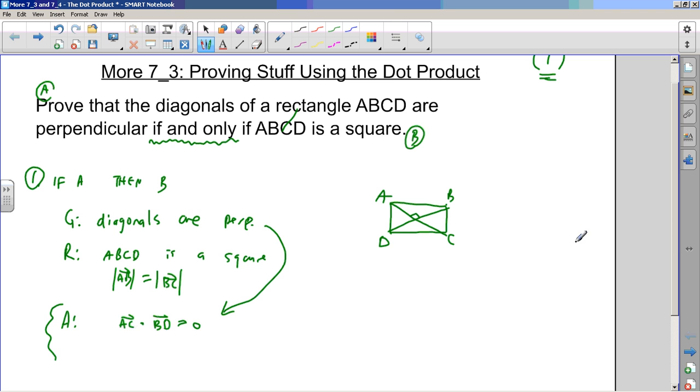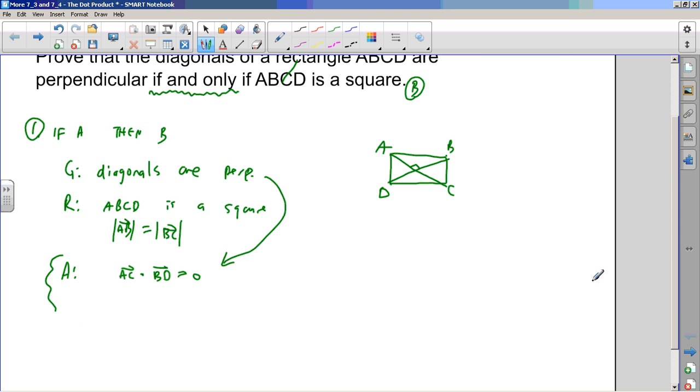Some other facts that I'm going to use are things that are true. Like, for instance, AC. I'm going to do this in a different color just to show you that this is part of my analysis phase here. AC is AB plus BC.